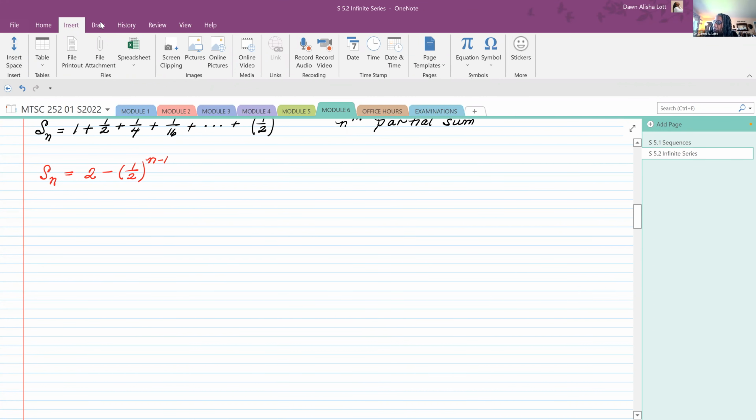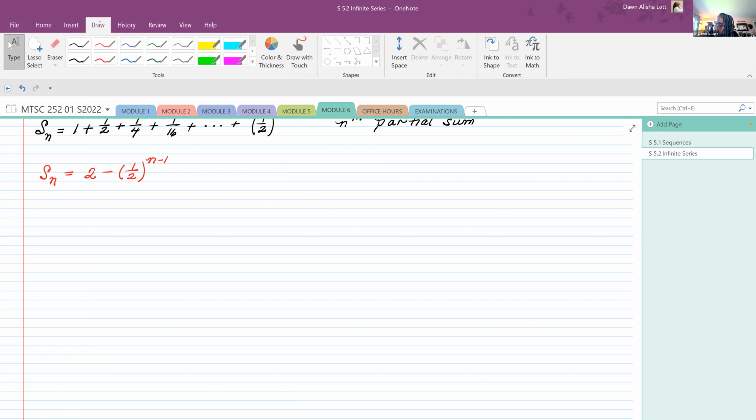If I write the sum, n equals 1 to infinity of an, that is the same as k equals 1 to infinity of ak.